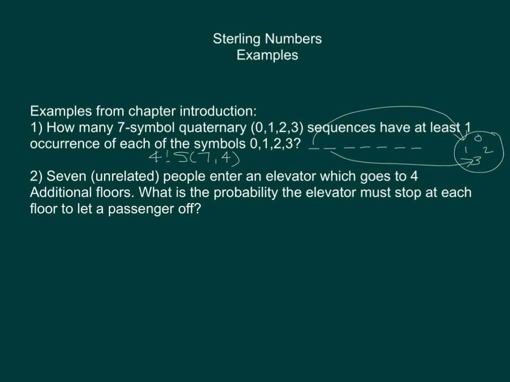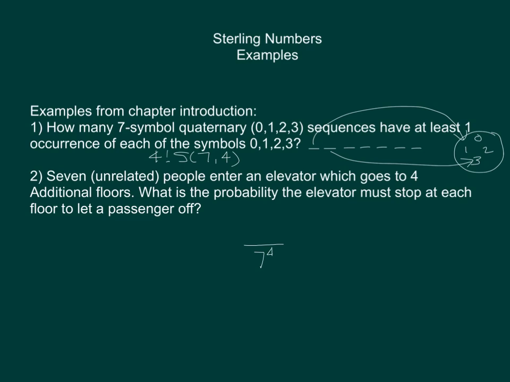The next example, we have 7 unrelated people enter an elevator which goes to 4 additional floors. What is the probability the elevator must stop at each floor to let a passenger off? Since this is a probability, the total number of ways these 7 people can get off the floors is 7 to the 4th power, because each person can choose one of 4 floors.